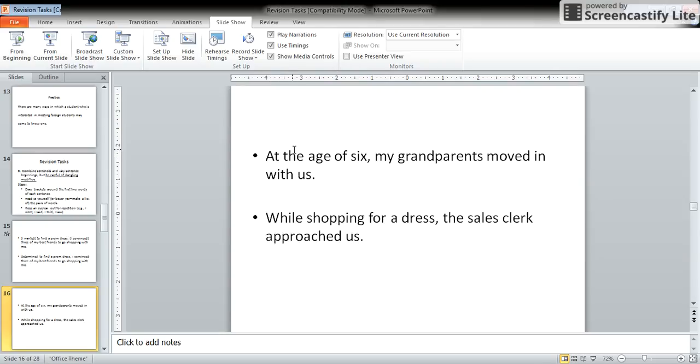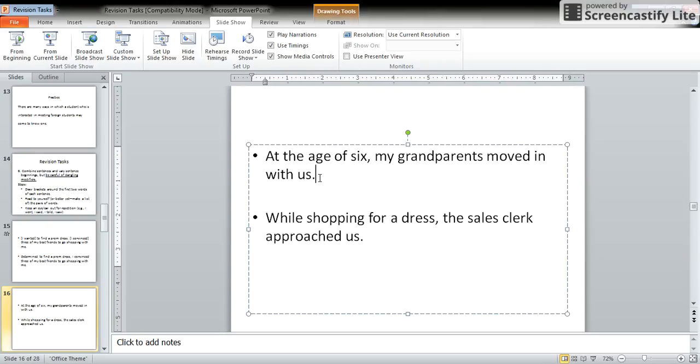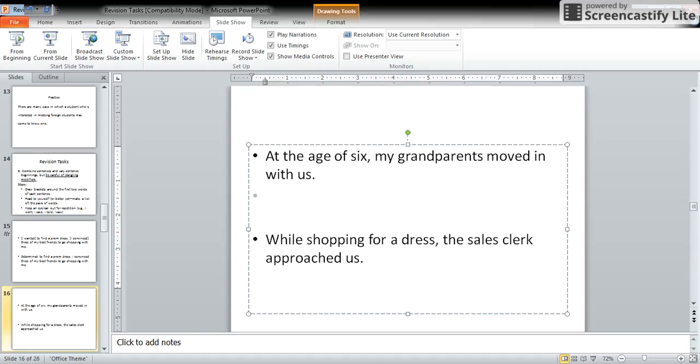So to correct this, I'll just type it on here because my computer's not cooperating. To correct this, you would say, "At the age of 6." Well, regardless of how you're going to end the sentence, what has to follow the comma is the thing that is 6.